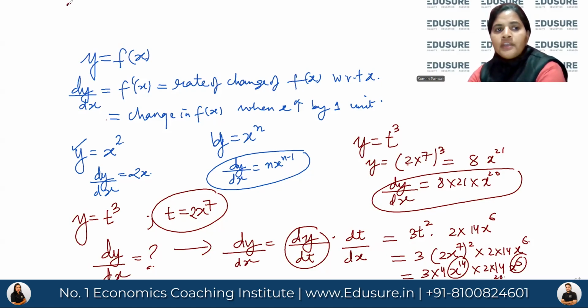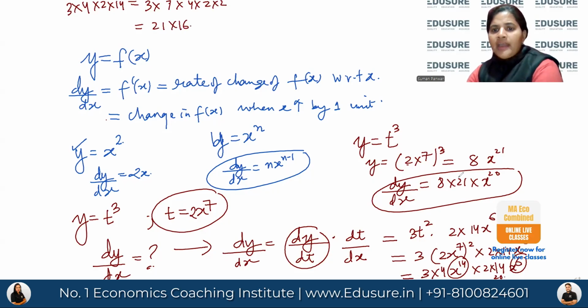Now 3 into 4 into 2 into 7, I can write it as 3 into 7 into 4 into 2, so that should be 21 into 8. And here I have 8 into 21. Earlier I had an error somewhere.